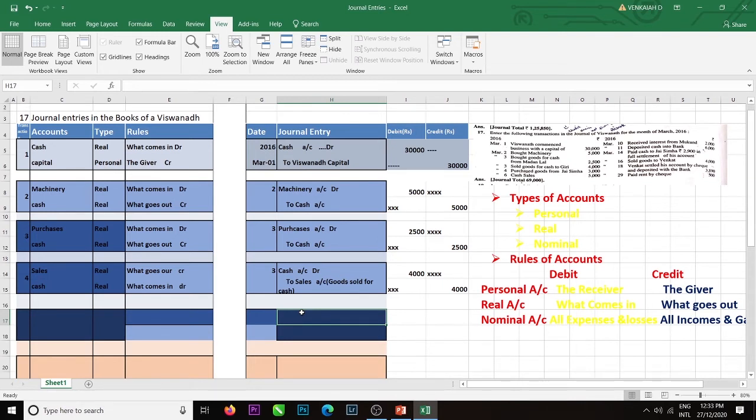purchased goods from Jai Simha. So we are not finding cash in that. Which transaction is it? Credit transaction. So we have to write purchases account debit to Jai Simha account.